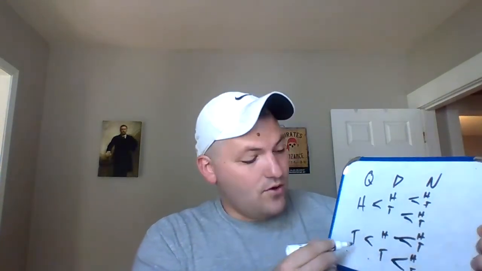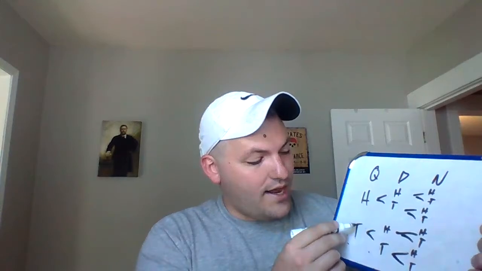And where are my tails? 1, 2, 3. 1 out of 2 times 1 out of 2 times 1 out of 2. Multiply those across, and I get a 1 out of 8 probability. We have to always look at the possible outcomes that there are when it comes to probability.